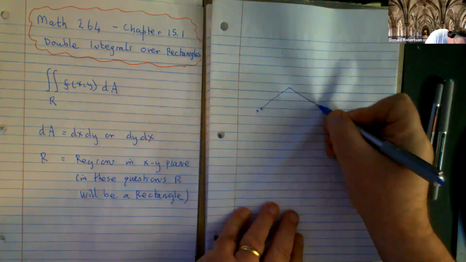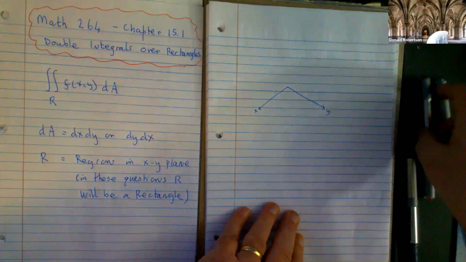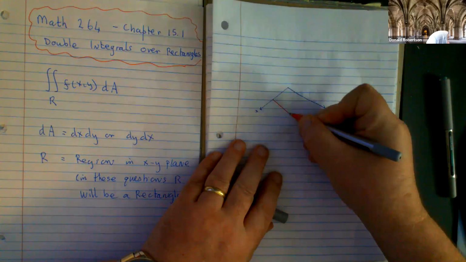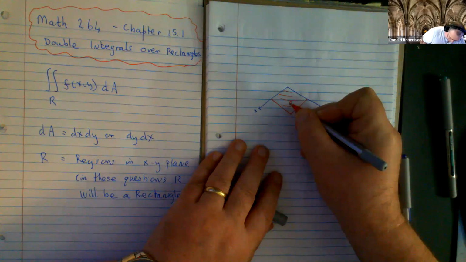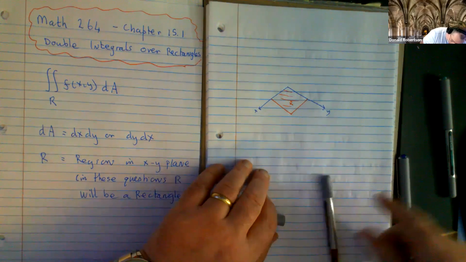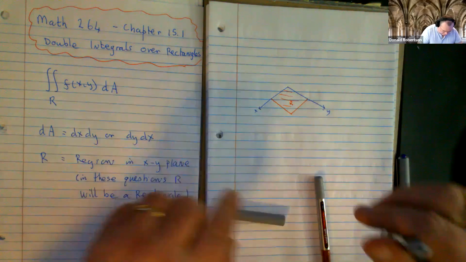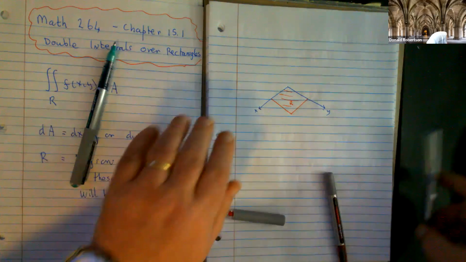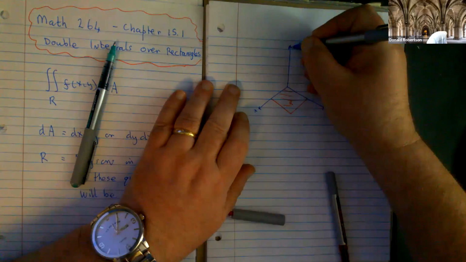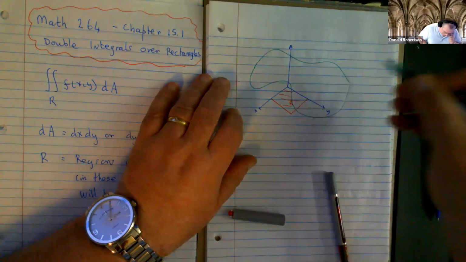I want you to imagine that on the floor, you have your rectangular plane, right? So it's that guy. This fella in here is R. And you have a function above it. So for every value of x and y, there's a value called f of x, y, the z coordinate. And let's say that this region kind of looks like that, right?